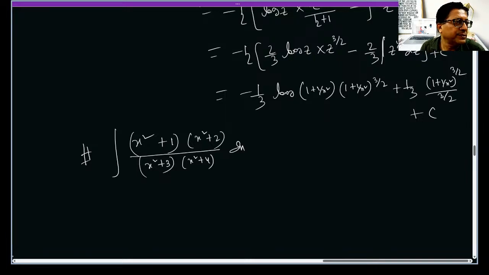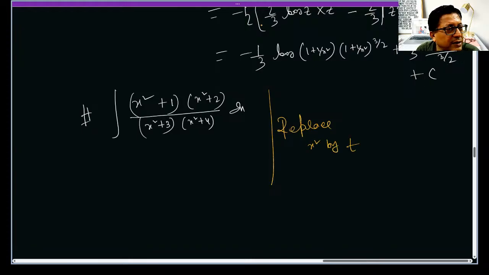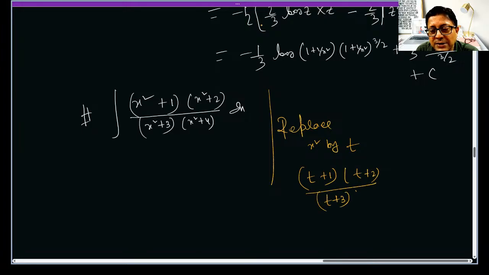How to start? You cannot use partial fraction directly, because in the numerator x square is there, denominator also x square is there. So what you will do here, you just replace x square by t. Okay, just replace x square by t. Then I am just writing the integrand. I am not substituting. You should remember t plus 1, t plus 2 by t plus 3, t plus 4.